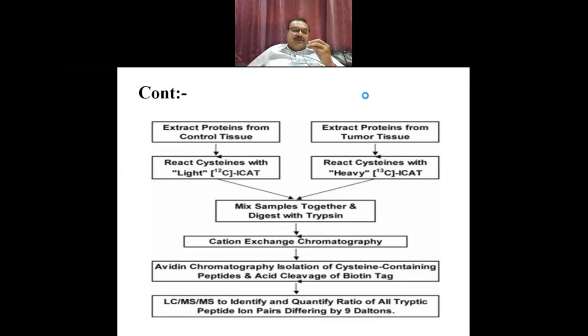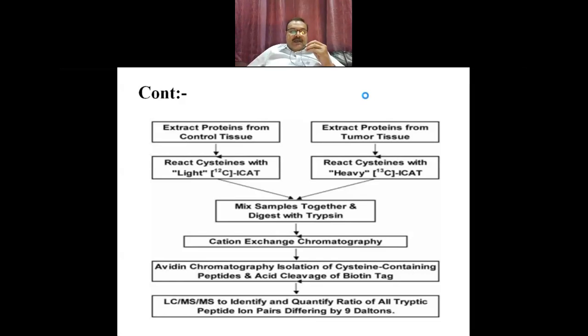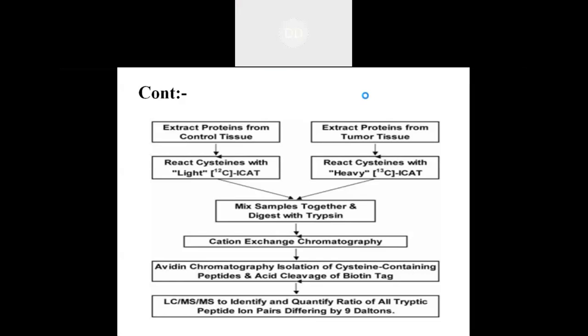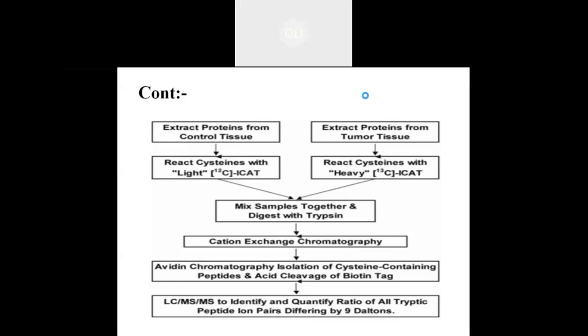The first is that you have to label it, then you have to break it into peptides, then you have to do chromatography to separate those peptides, and then you have to identify those peptides using LC-MS. And what you are using here is an avidin-biotin reaction.